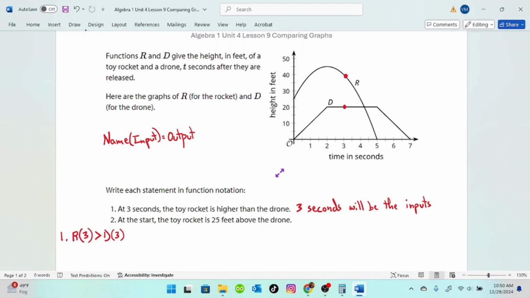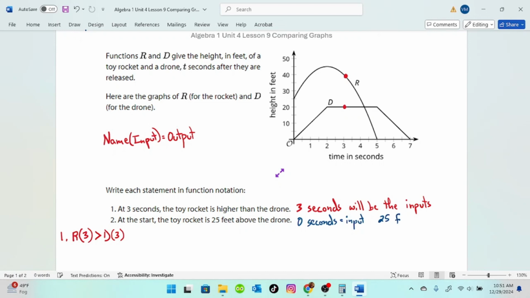Number 2. At the start, the toy rocket is 25 feet above the ground. So I know that my time is the input, and at the start, that would be 0 seconds. So 0 seconds equals the input, and it's 25 feet, while feet is my output.